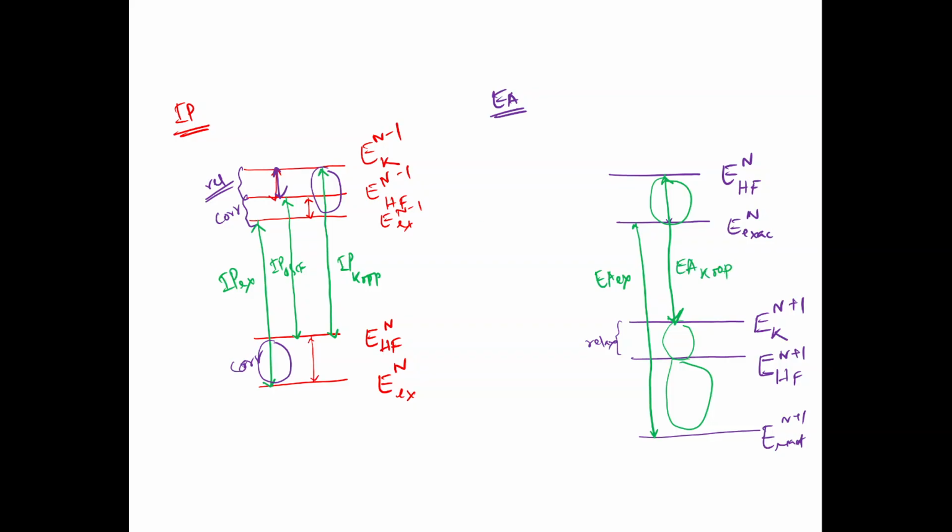For the ground state, the relaxation was in the opposite direction of the correlation energy, but here the relaxation in combination with the correlation energy goes in the same direction. That's why you get a bad result with EA. Generally, no one does Koopmans' approximation for the electron affinity, but you can get a rough estimate of your ionization potential using Koopmans' theorem, right?